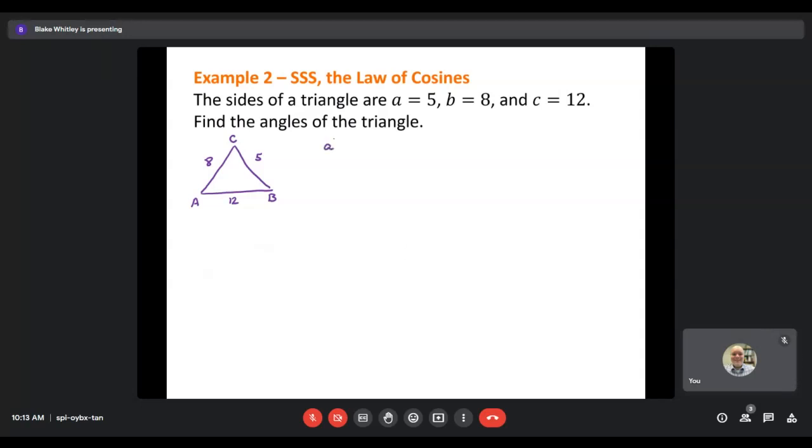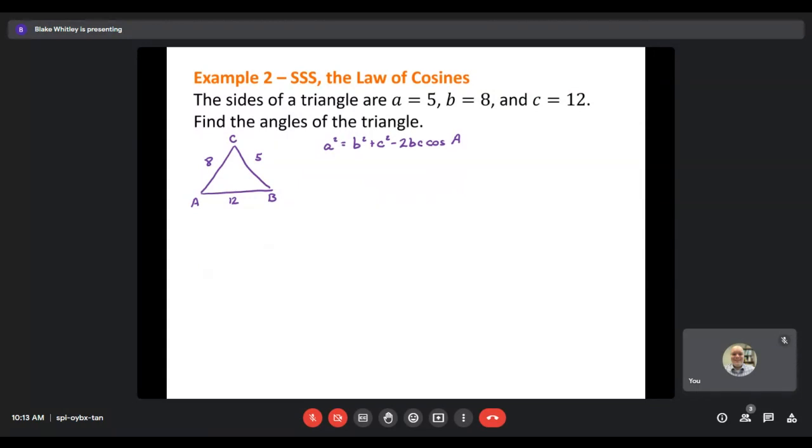I'm just going to go with angle A. So I'm going to use A squared equals B squared plus C squared minus 2BC times the cosine of angle A. And just like last time, I'm going to start substituting information that I know. Now this time we know all 3 of our side lengths.